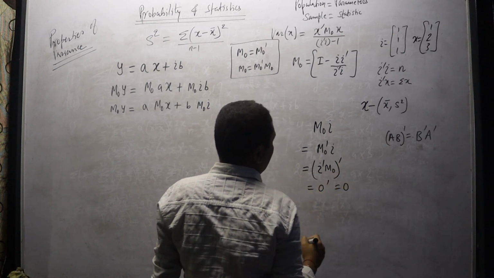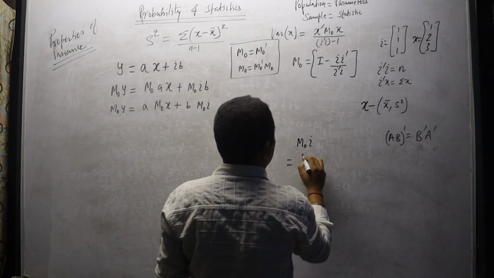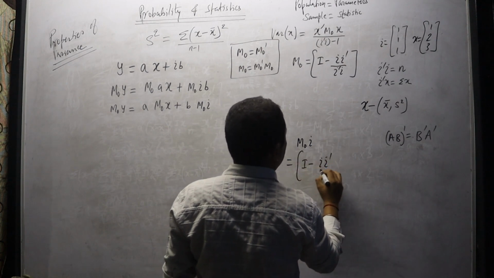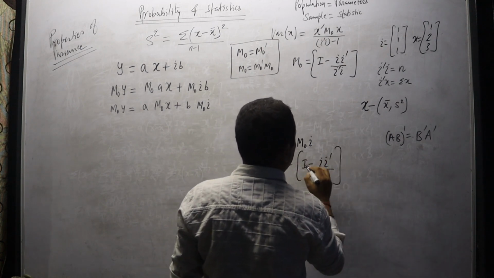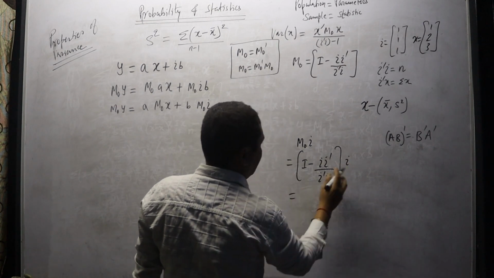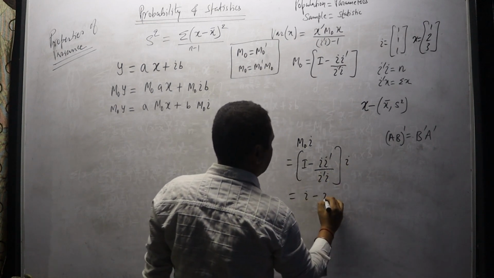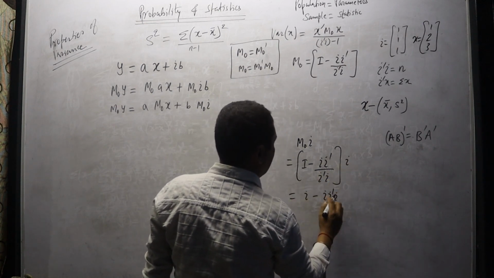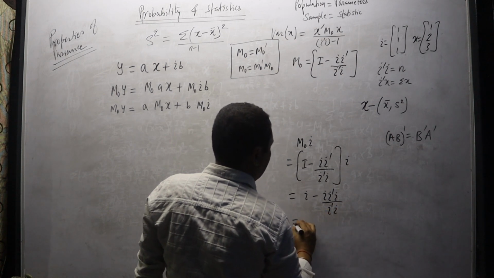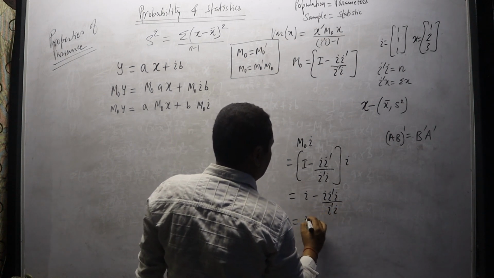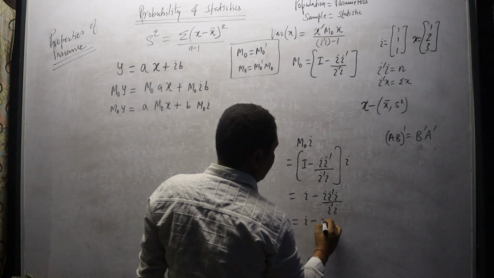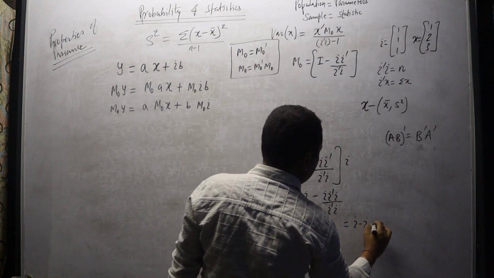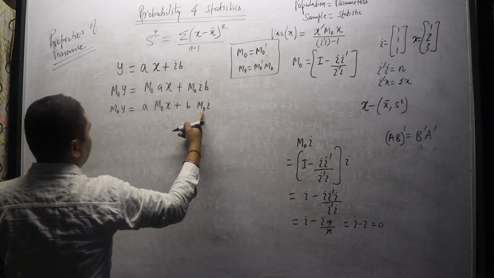So m0i, where m0 is equal to I minus i times i transpose i inverse times i transpose, multiplied by i gives i minus i times i transpose i divided by i transpose i, which is equal to i minus i. We can cancel out, and this is equal to 0. So this term is equal to 0.